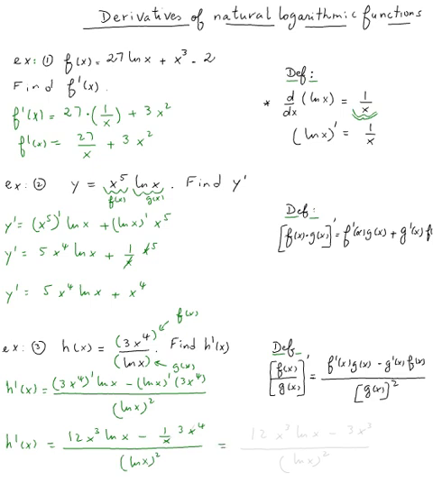One more step to simplify: this x with this x, so this will be equal to 12x cubed ln x minus 3x cubed, everything divided by ln of x squared. And that's it for these examples.